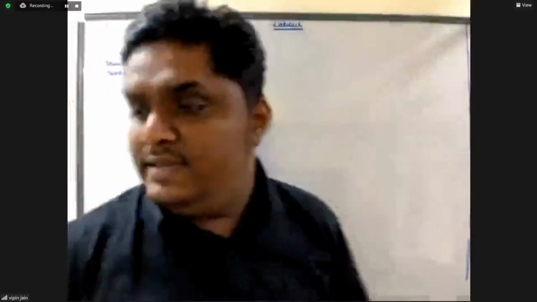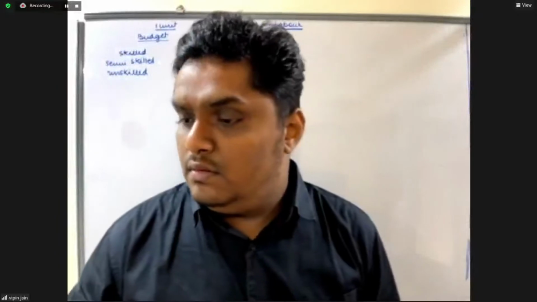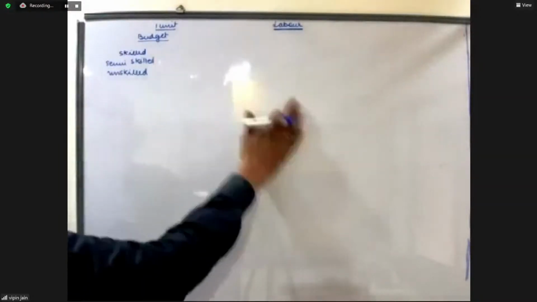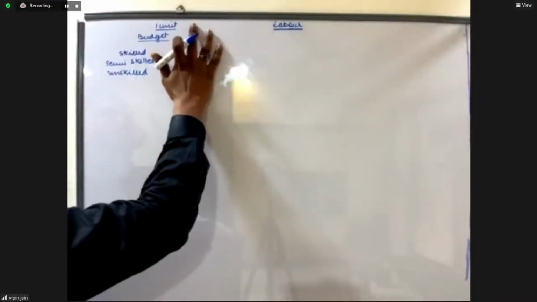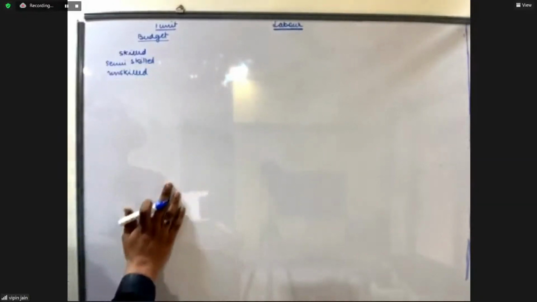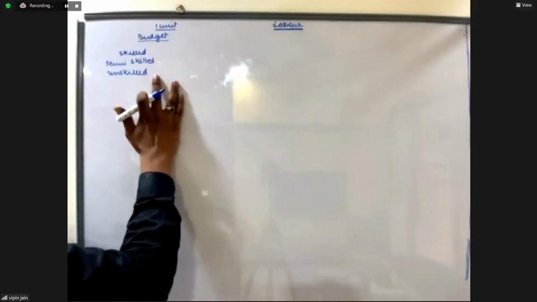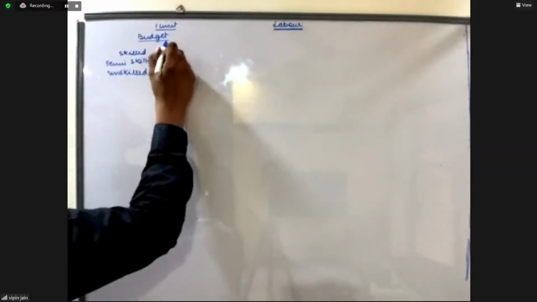I repeat again, guys. Let's say to manufacture 1 unit of a product, 3 types of labor are required, that is skilled, semi-skilled, and unskilled.